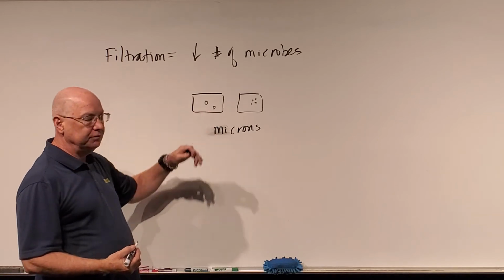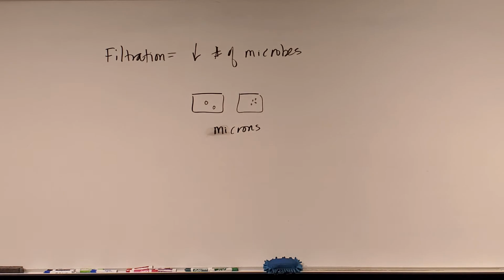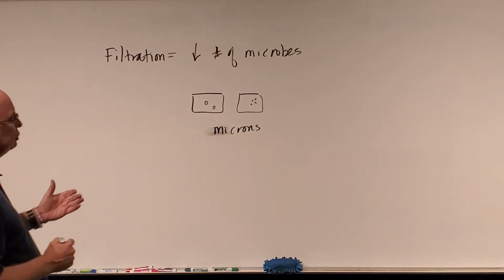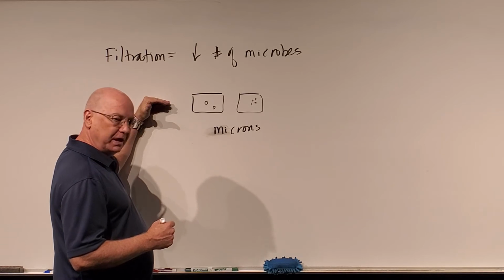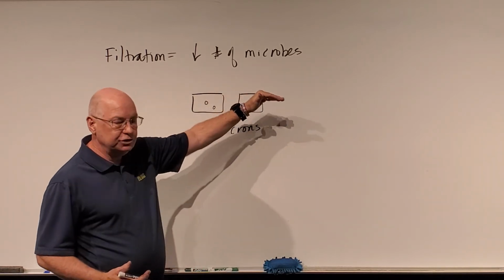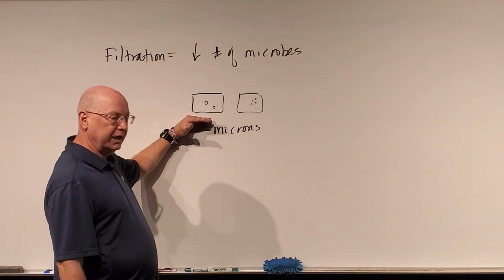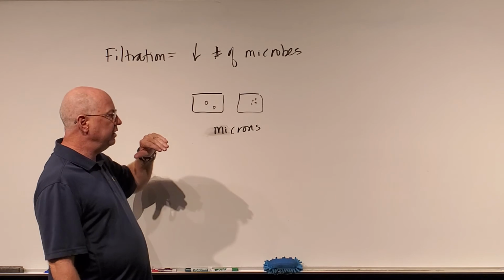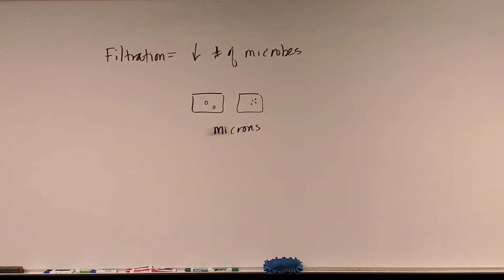And we even have some filters that are on the level of nanometers, really tiny filters. And essentially, if I want to remove a number of bacteria, say from a food product, a liquid, I can run them through a series of filters and filter out all the microbes. We do this in like cold filtration of beers now and other things. And this can be done for a lot of solutions that are used in a setting.